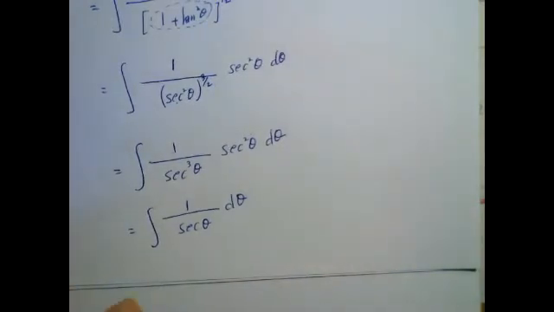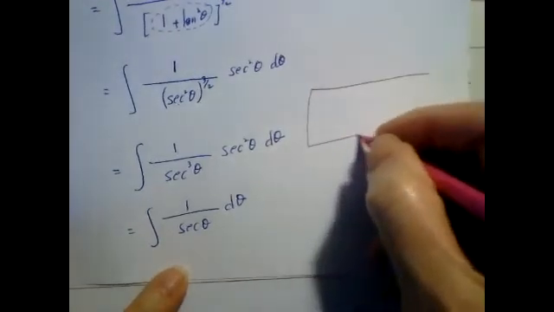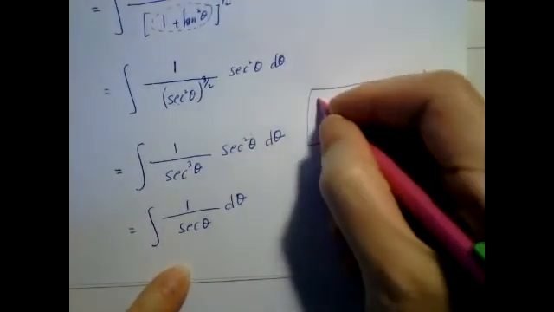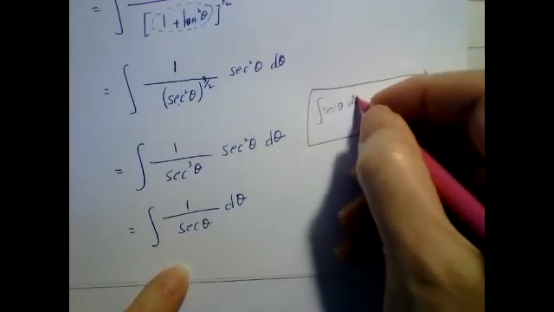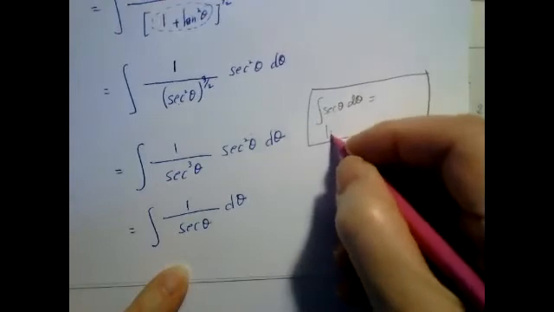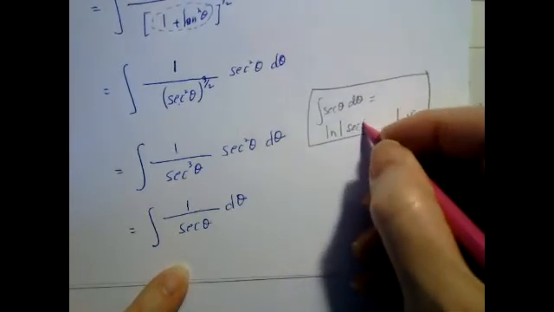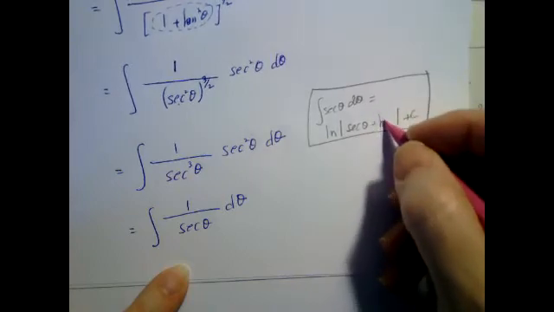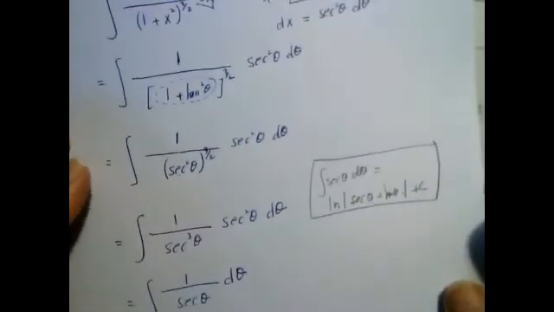Okay. All right, what's the mistake? The one I established yesterday is the integral of secant is equal to that. Is this the integral of 1 over secant? Absolutely not. Absolutely not. Let's see why.